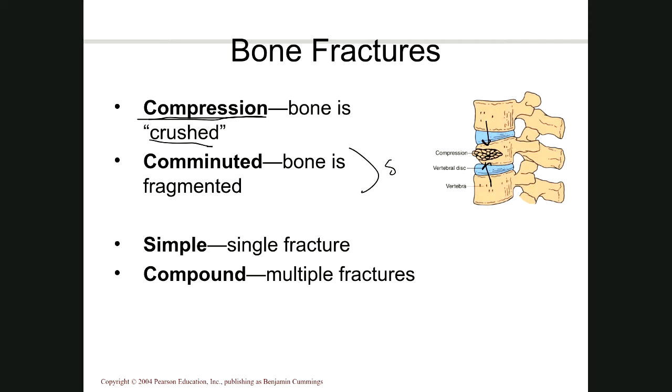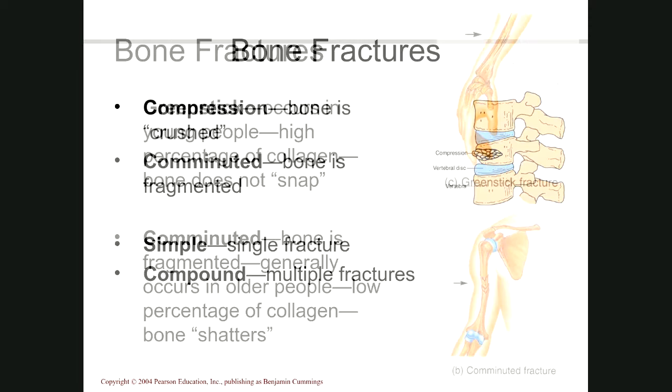If the bone shatters and you have lots and lots of pieces, it's called a comminuted fracture. And then we can also talk about how many breaks or fractures there are. So if there's only one, it's called simple. If there's more than one, it's called compound.